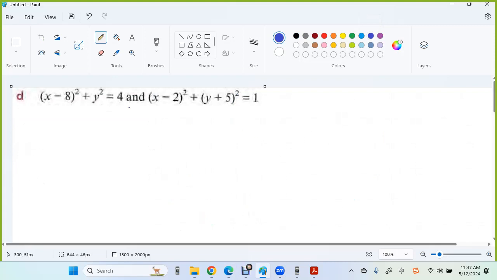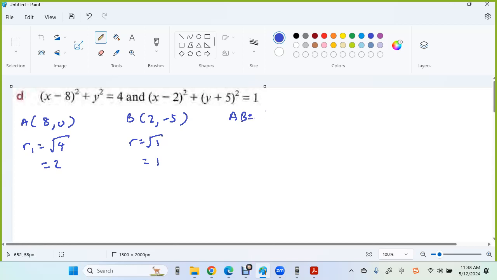So D, we have the first center at (8, 0), and the radius will be 2. The second center is (2, negative 5). The radius is 1. So AB is (2 minus 8) squared plus (negative 5 minus 0) squared.